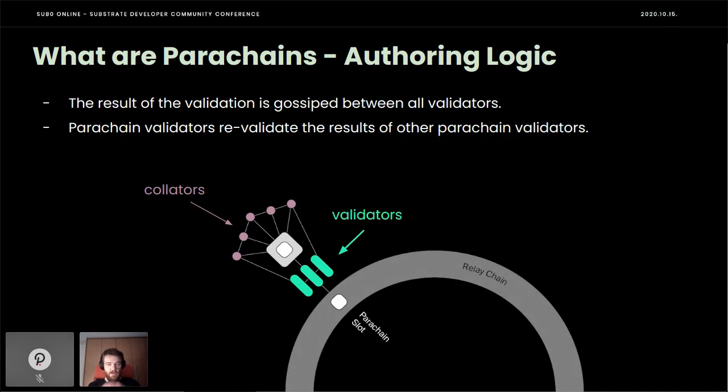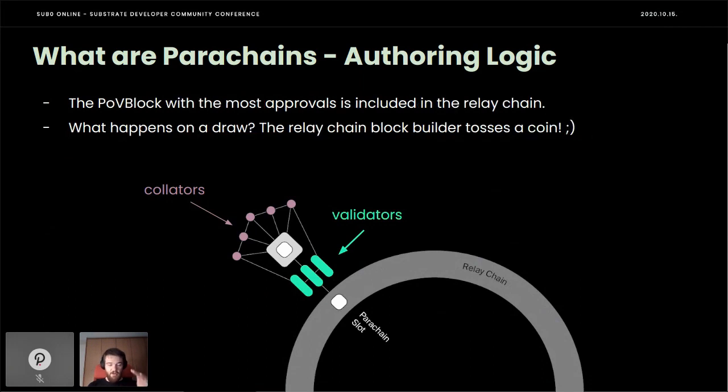Whatever the result is, the result is gossiped between all relay chain validators, and the relay chain validators assigned to the same parachain will take that and recheck or revalidate this POV block, so that in the end all the parachain validators are revalidating the results from each other and sending out these approval messages.